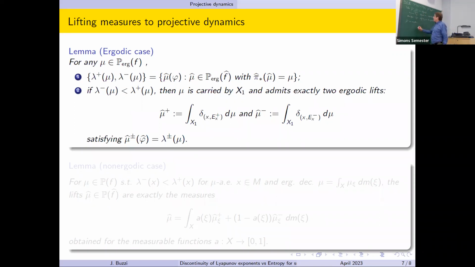Clearly, the average of the dilation will be exactly this log. Therefore you have a lift of mu on the graph of this function, which is invariant.